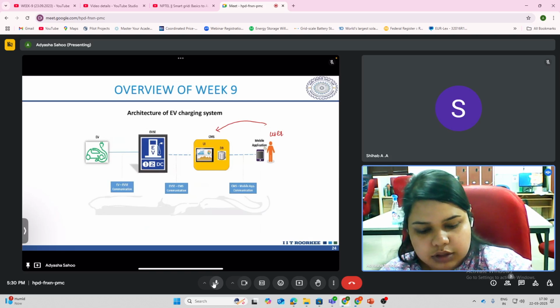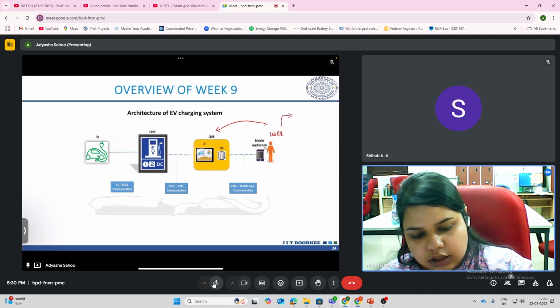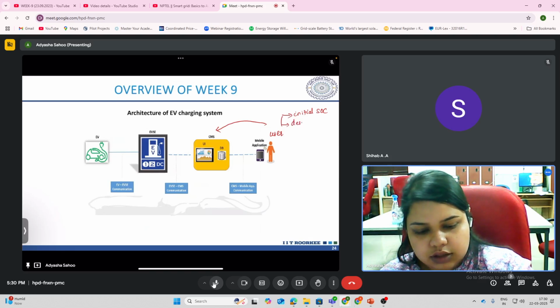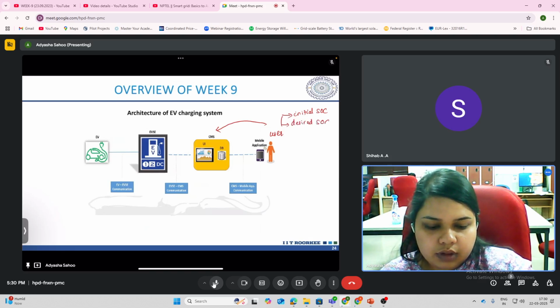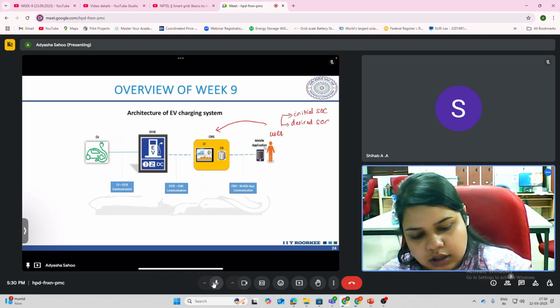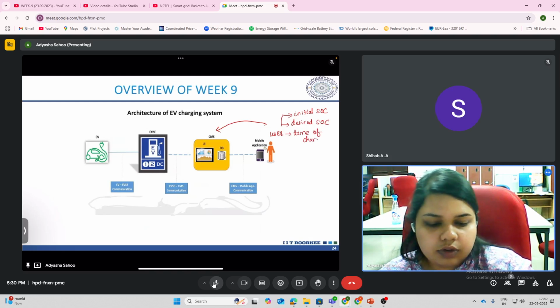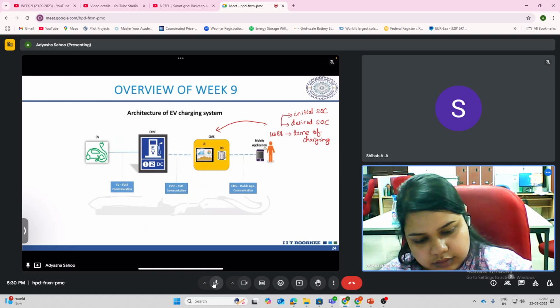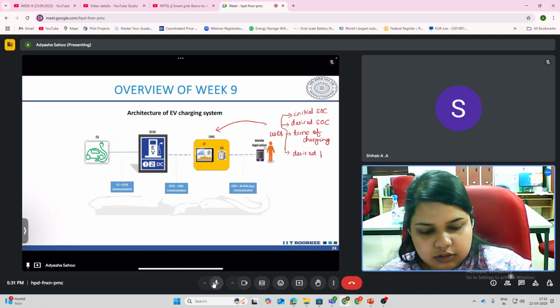Various information such as the initial or current SOC of the EV, then the final or desired SOC after charging that it wants, then the time of charging, that is for how much time the vehicle is available for charging. Then it may also give the desired price of charging.